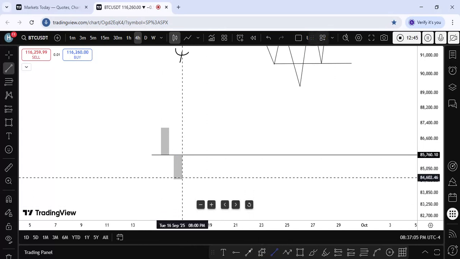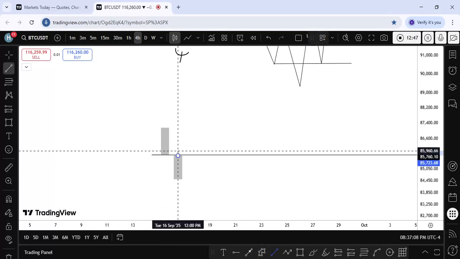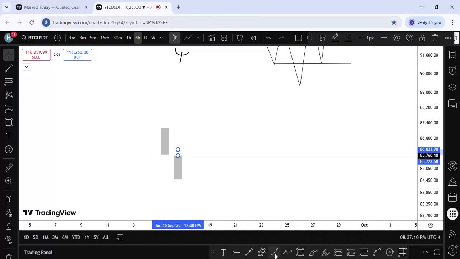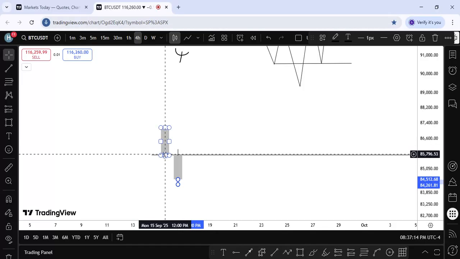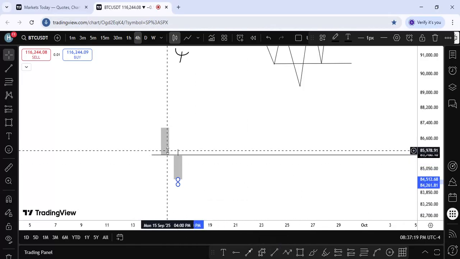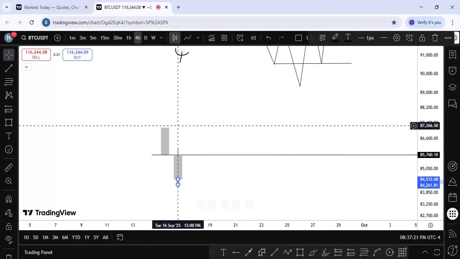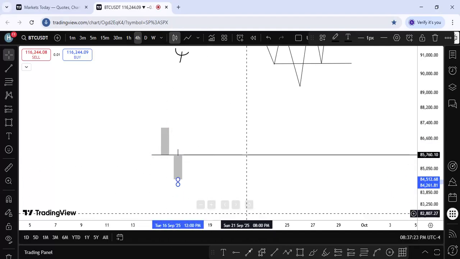It might also have its wicks, but the candle bodies align with each other, immediately as the price opens, the price closes, and that makes it a key level.